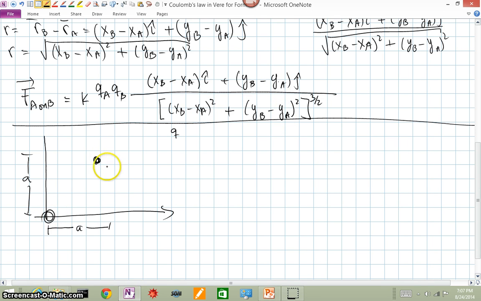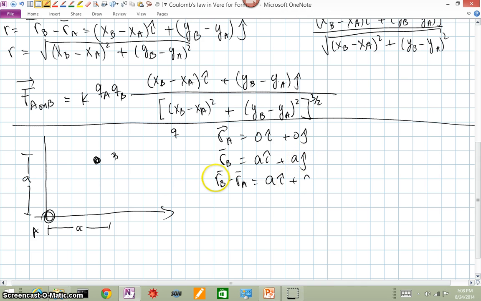And what is the vector for this one? Well, let's just write it down, because this would be A, this would be B. Our A would be 0i plus 0j. Our B would be what? Our B would be ai plus aj. And therefore, RB minus RA is simply ai plus aj.